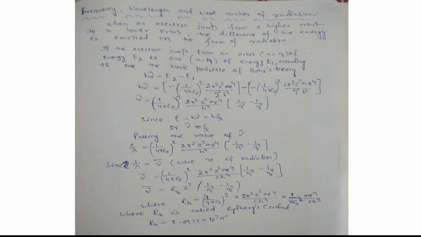Next we come to another factor: frequency, wavelength and wave number of radiations. When we discussed Bohr's postulates, we discussed that when the electron jumps from a higher orbit to a lower orbit, it will radiate some energy, and the difference of that energy is emitted in the form of radiation.